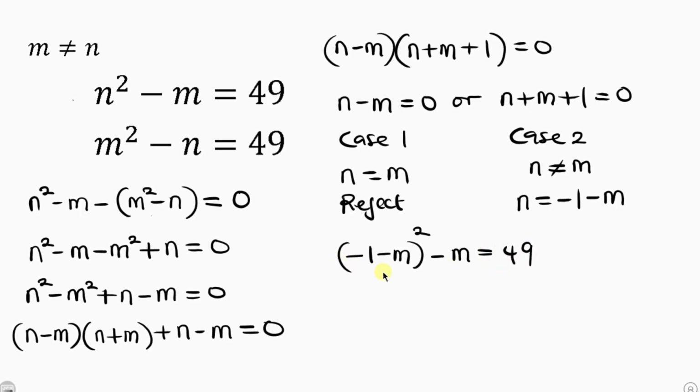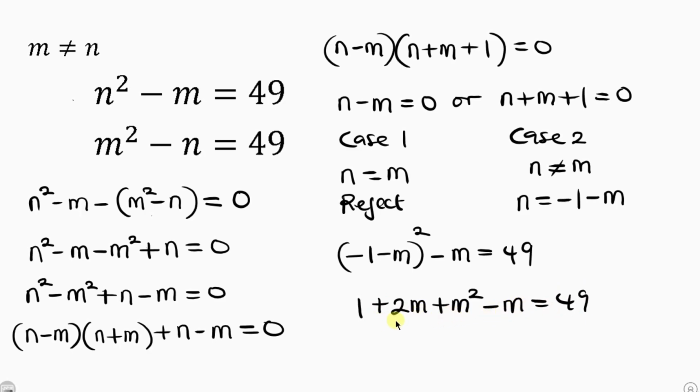So let's go ahead and expand this. So this gives 1 plus 2m plus m squared. So expanding this, I have this minus m equal to 49. Now notice 2m minus m gives m.